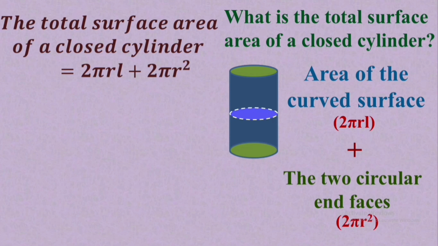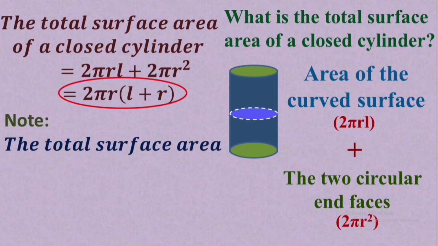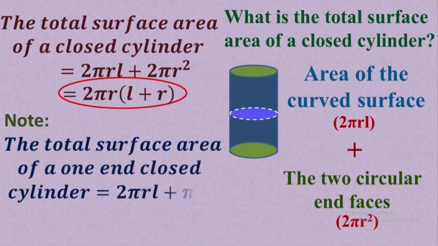If you simplify this, you will have 2 pi r times (L plus r). Now pause and memorize this formula. Now for your knowledge, note that the total surface area of a one-end closed cylinder is equal to 2 pi r L plus pi r squared. If we simplify this, you will have pi r times (2L plus r).